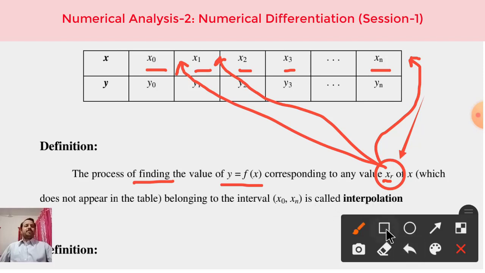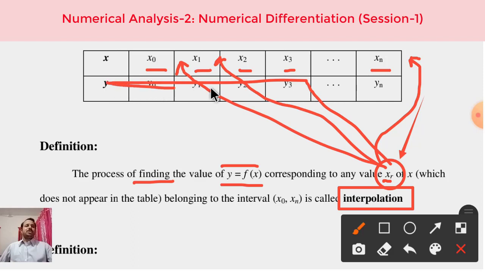So the first and foremost process is called interpolation. Interpolation is the process of finding the value of y equal to f of x corresponding to a particular value x equal to xr, which lies within the table, that is, in the range x0 to xn.